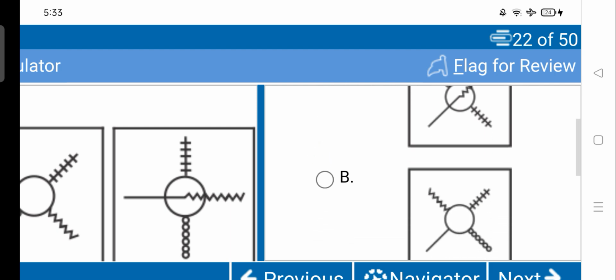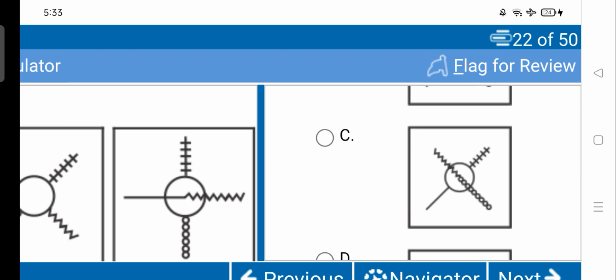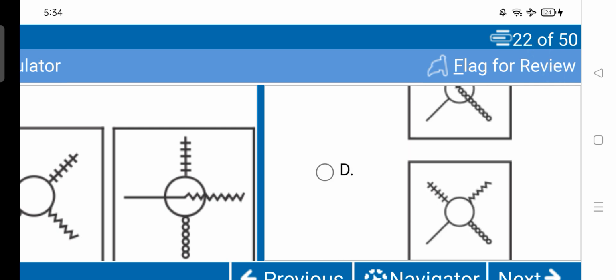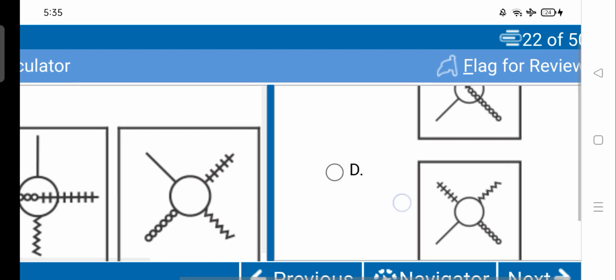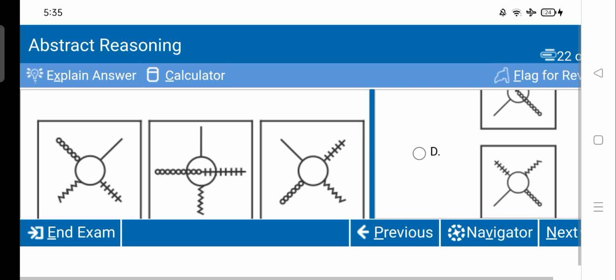Option B has this set of shapes, and option C, this is four sets of shapes. Then we have option D with this set of shapes. Now we have to tell which is the correct option and which set of shapes in these options belongs to this series.